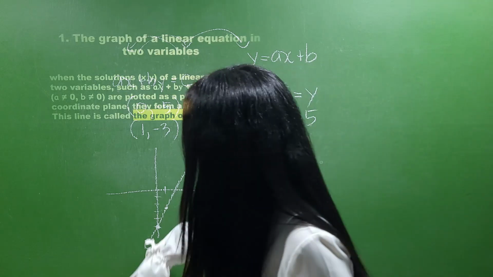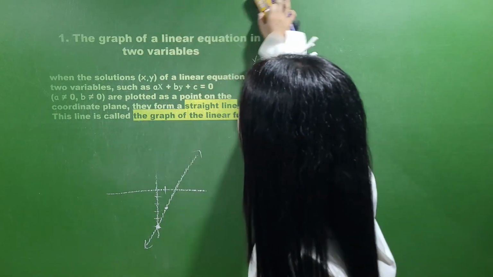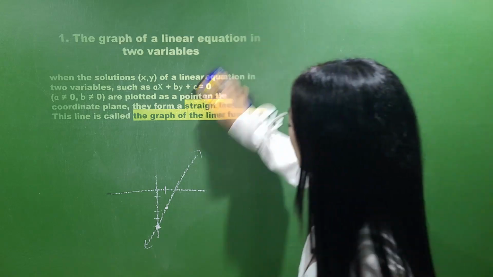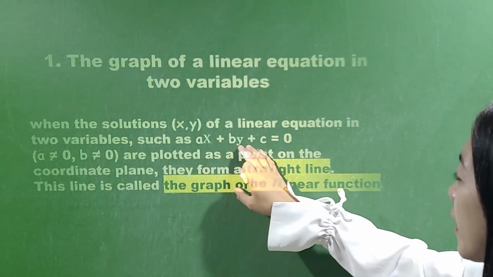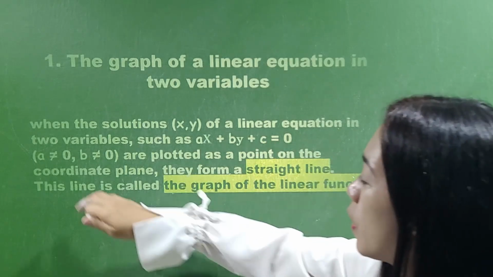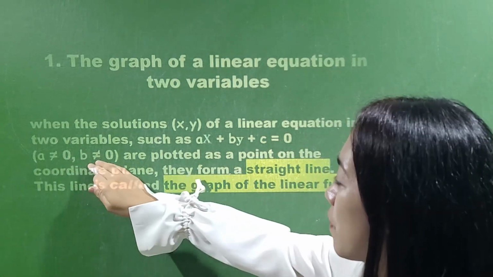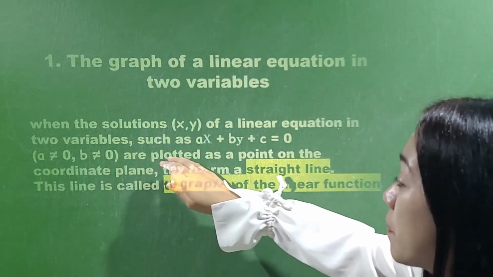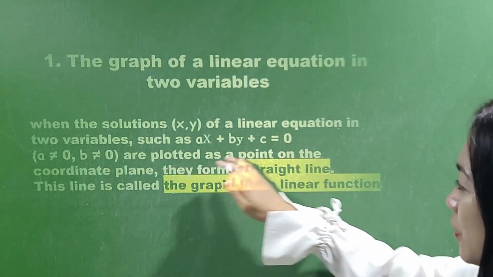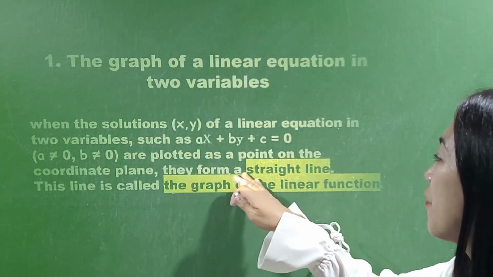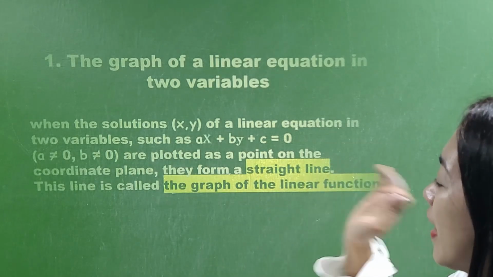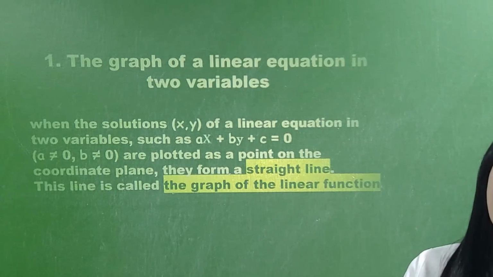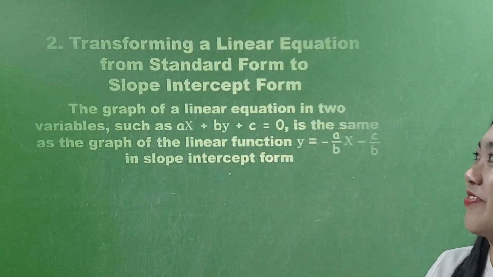So when the solutions x, y of a linear equation in two variables, such as ax plus by plus c is equal to 0, where a is not equal to 0 and b is not equal to 0, are plotted as points on the coordinate plane, they form a straight line. This straight line is called the graph of the linear function.